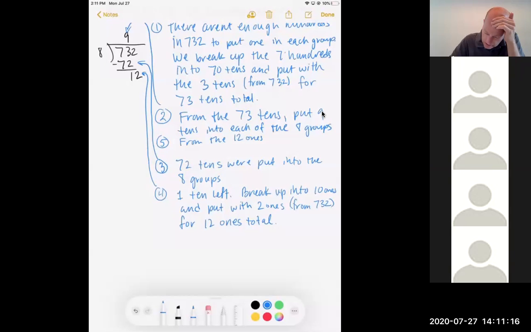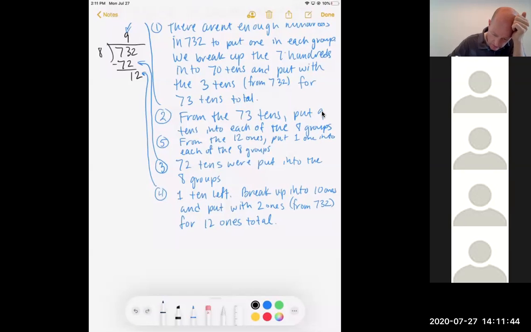Okay, so I have 12 ones. We're going to put 1 into each of the 8 groups. And so that's what I'm considering here. I'm considering 8 into 12, okay?